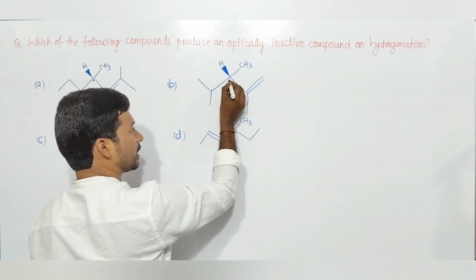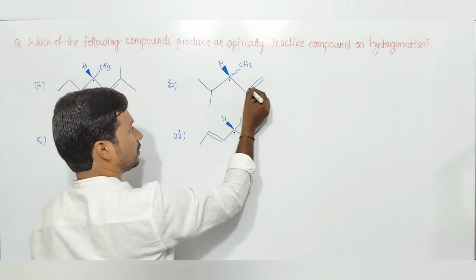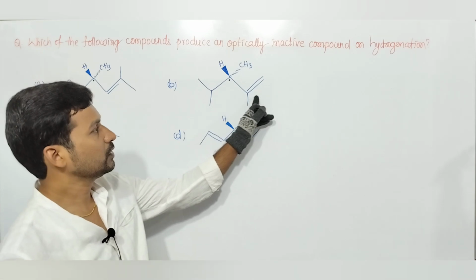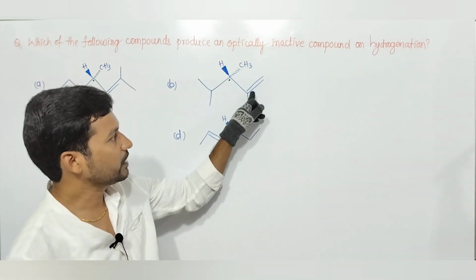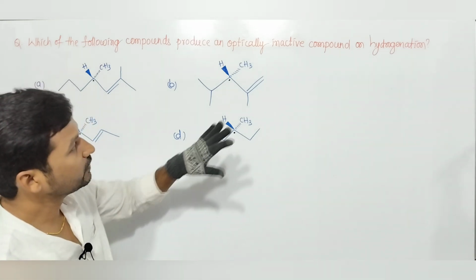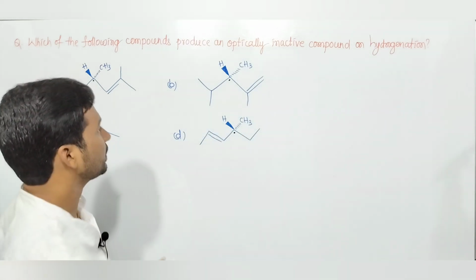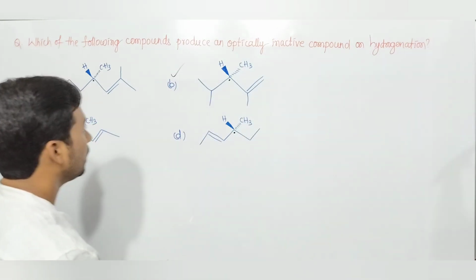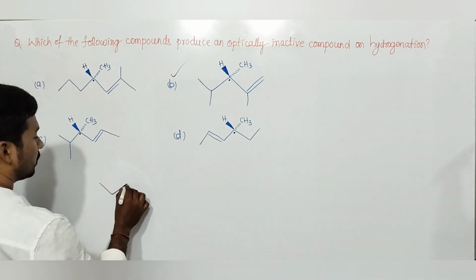Now this is optical active, and after addition of hydrogen, if hydrogen is added here, then these two groups become same. That means after hydrogenation, which one becomes optical inactive? This one becomes optical inactive. See that.